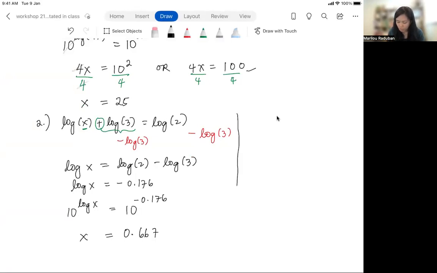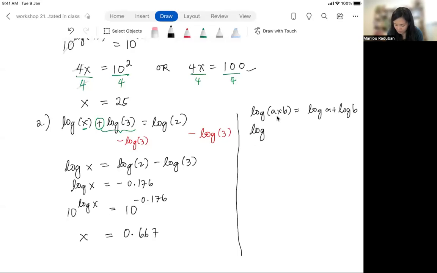The other method that you can do: notice you have log x plus log 3, and we have the rule that log of a times b is equal to log a plus log b. So you can simplify log x plus log 3.